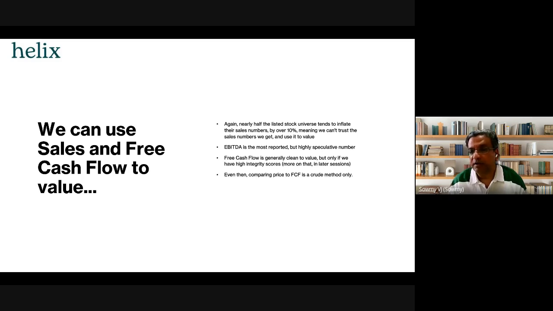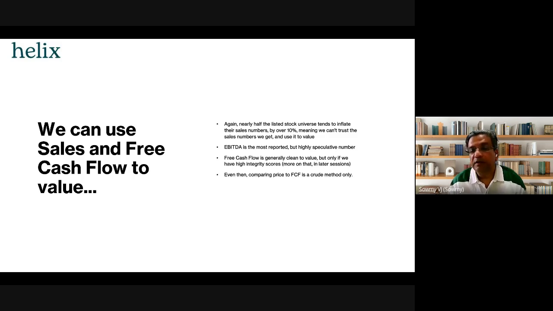So we saw in session 4 how we looked at free cash flow and how to use it to value stocks. But this is only if the company has a very high integrity score.